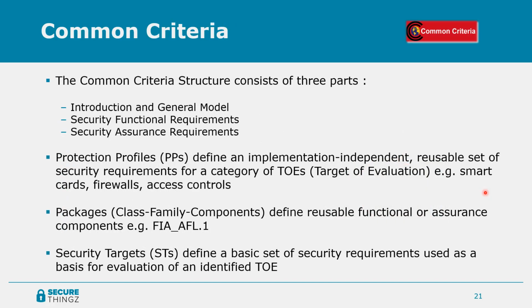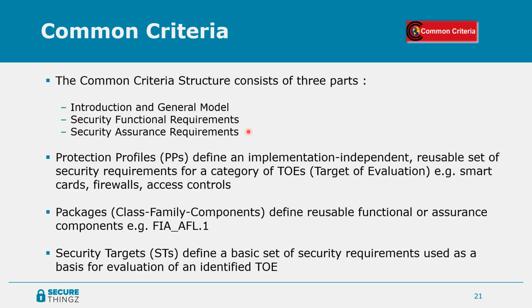These secure elements often are subject to standards. One of them is the Common Criteria. The Common Criteria structure consists of these three parts: introduction and general model, security function requirements, and security assurance requirements.